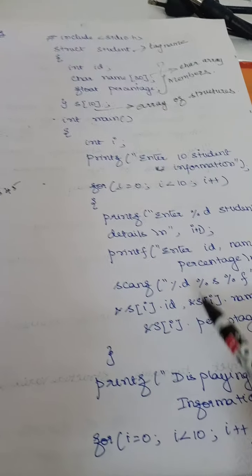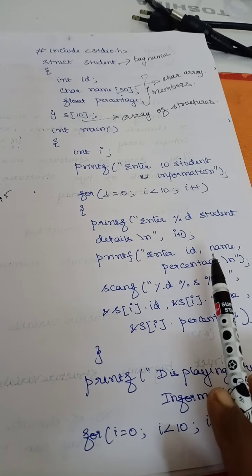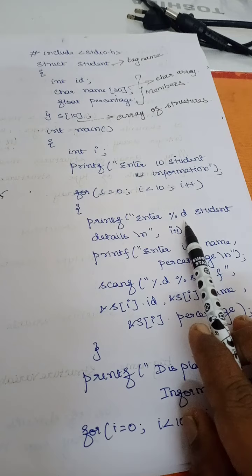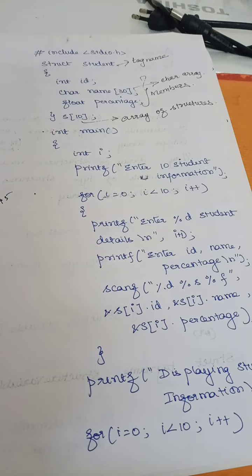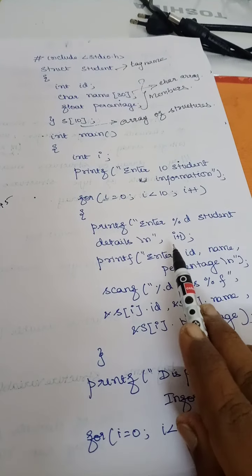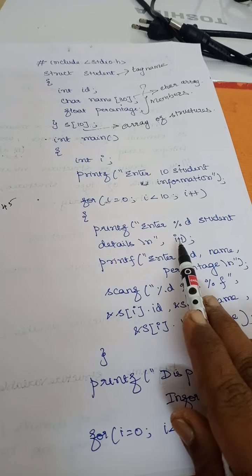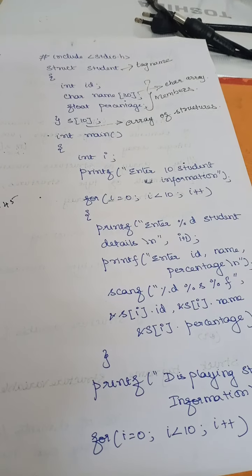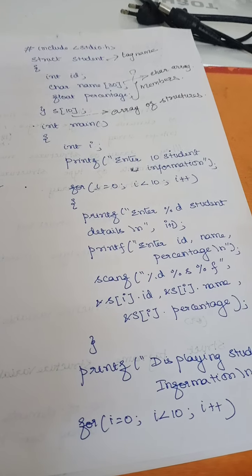And then printf enter id, name, percentage. So don't get confused here. This is the array index and this is the student. You cannot write enter 0th student details. To avoid that confusion, I have made it i plus 1. So whenever I am printing, when i is 0, 1 will be printed. But the i value is not going to be changed, and the array index still starts from 0 only.